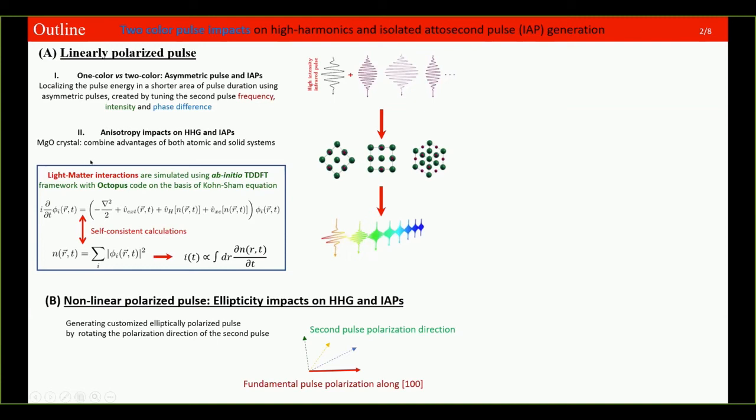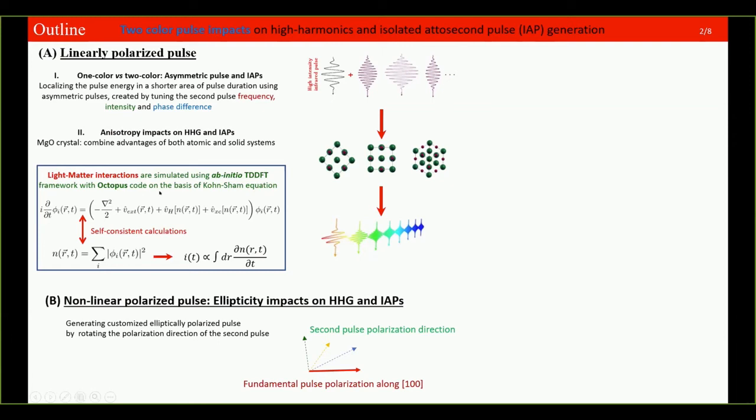The light matter interaction is simulated by ab initio time dependent density functional theory, which is implemented in the Octopus code.